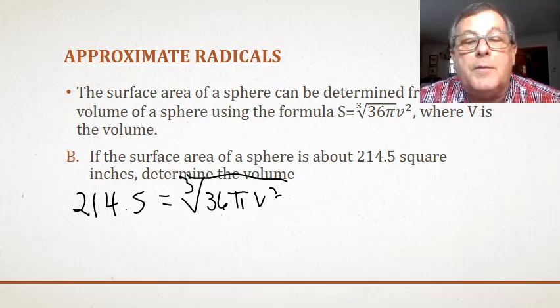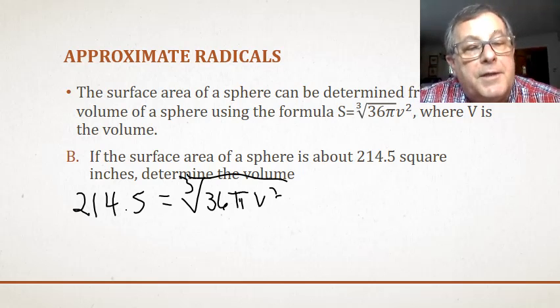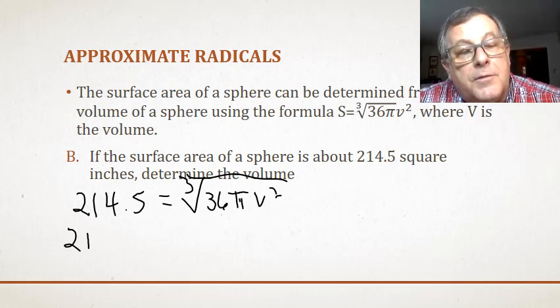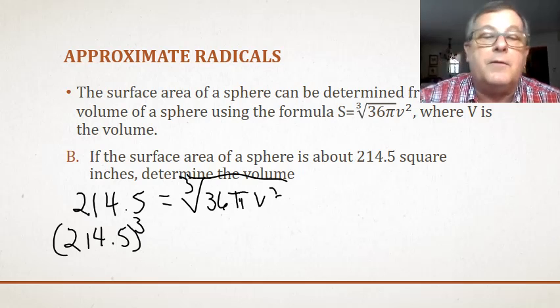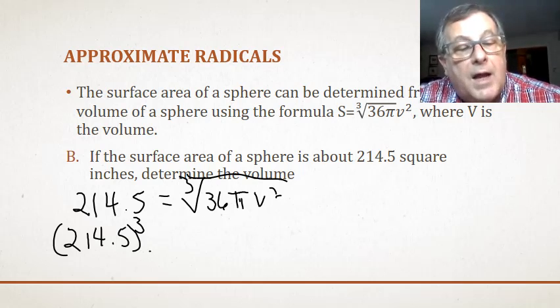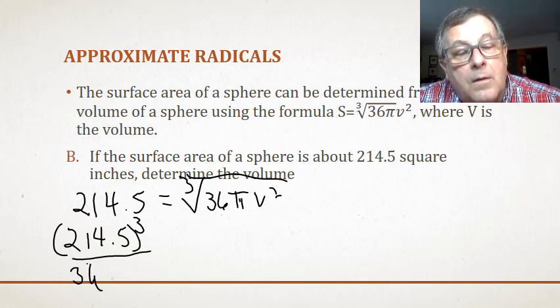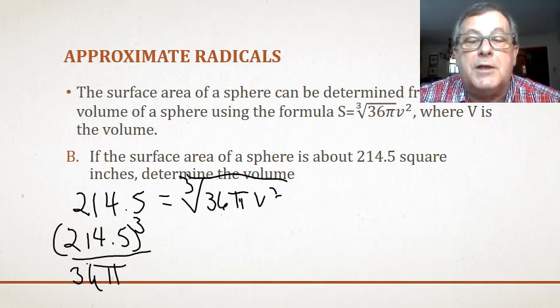So let's do a little bit of our math work before we jump over to the calculator. First thing I'm going to need to do is cube 214.5. That's going to get rid of the cube root on the right side. And then I'm going to divide it by 36 pi, which would leave me with V squared.